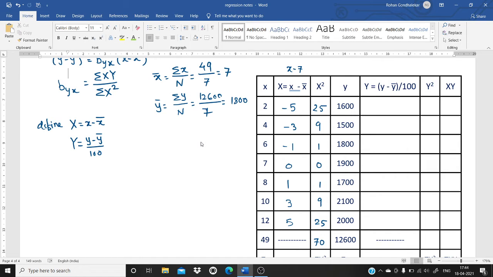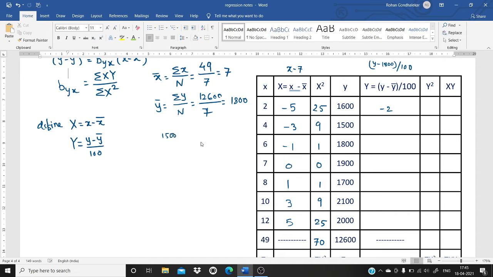Is it okay? Now y minus y bar divided by 100. So y bar is 1800. So I have the calculations y minus 1800 divided by 100. So the first value is 1600. So 1600 minus 1800 is minus 200, divided by 100, we get minus 2. The next value is 1500.